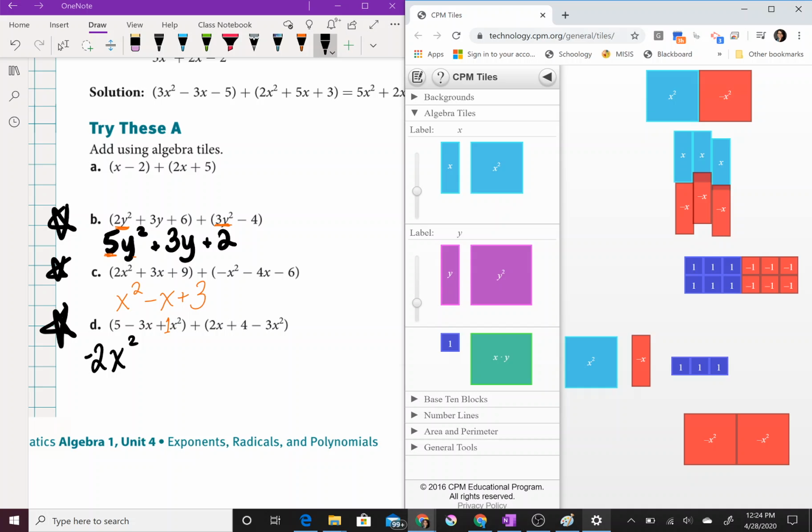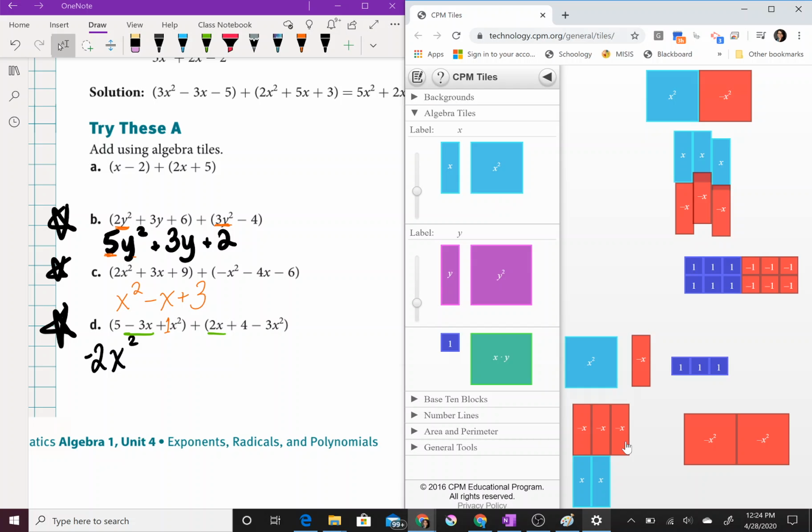Let's continue on here. This is going to be what would make any like terms here. I also have -3x, don't forget that negative, and I have -2x. -3x is going to, if it's combined with +2x, then I'm going to end up with only a -x in the end.